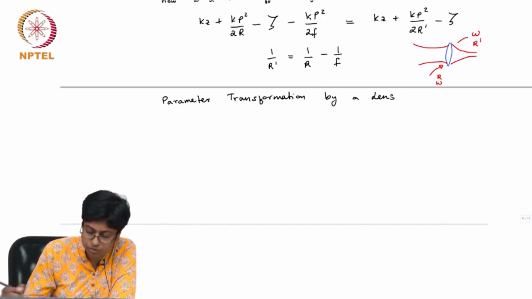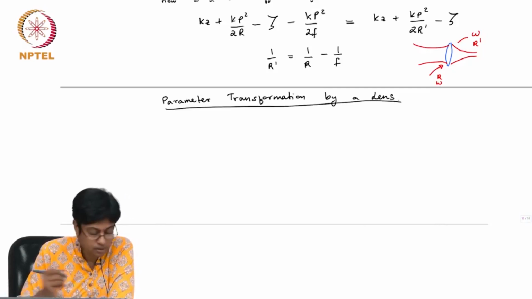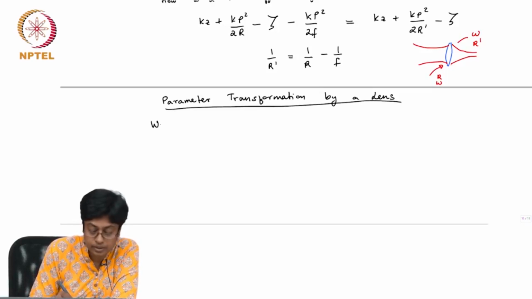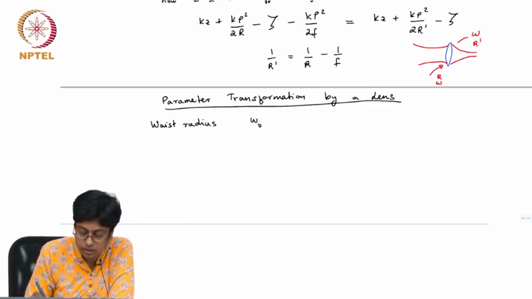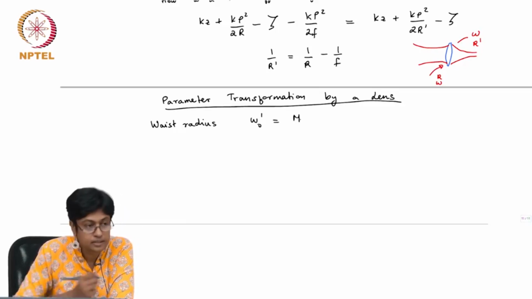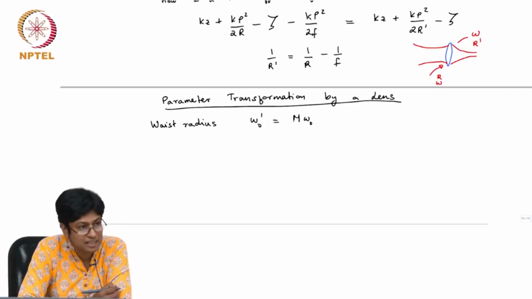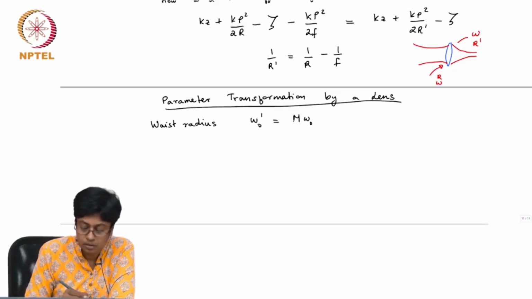I'm just going to give you the equations. So the new waist radius is omega naught dash, and it is nothing but the old waist radius multiplied by the magnification caused by the lens that you are using.